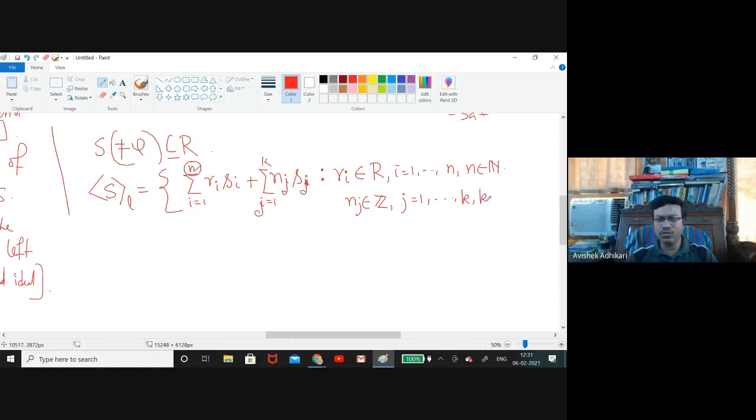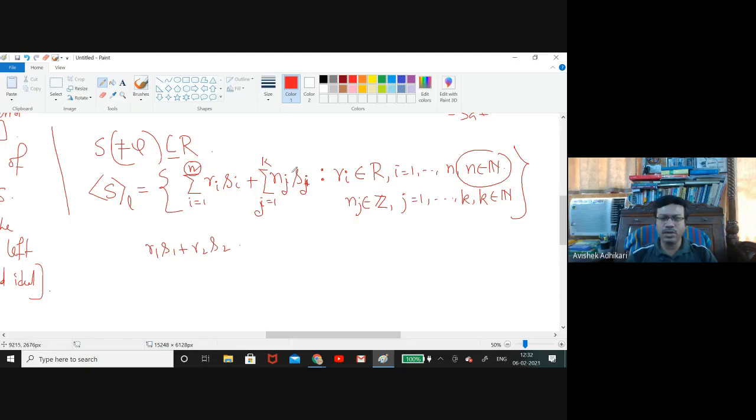And this k should also vary. This is very important. Unless you let this n vary, it will be fixed. It will always go till n. But the idea is you might sometimes have R1 S1 plus R2 S2. You may put S dash here also.